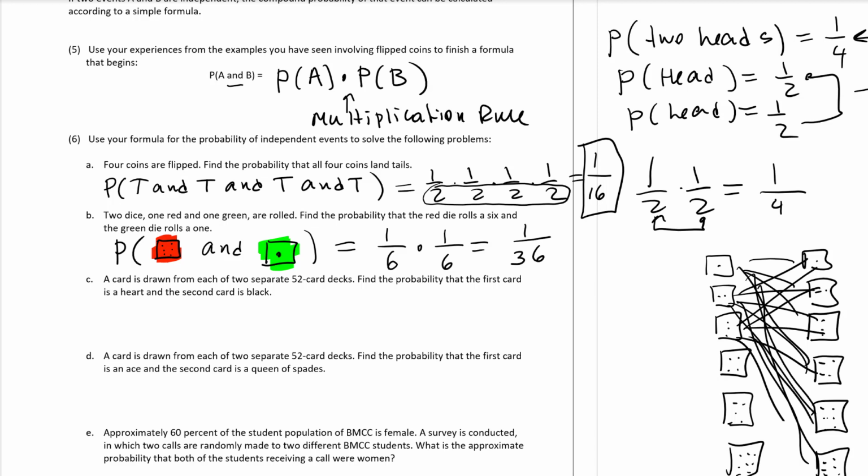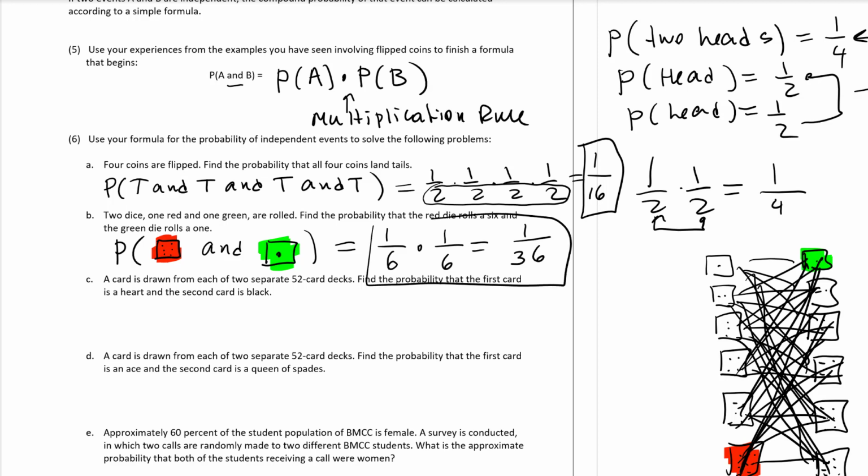I'm distributing it, so altogether there are going to be 36 possibilities. I understand it looks like a mess, but I want you to see the multiplication happening here. There are 36 different outcomes and only one of them is a success, which would be 6 on that one and 1 on that one. So it's 1 out of 36 possibilities. It's much easier to just apply the rule like that. Let's try another one.